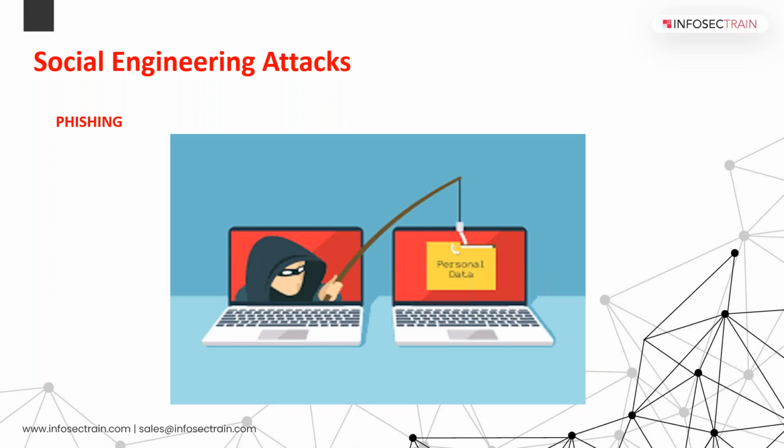If you click on that website and fill in all the details straight away, those details will get traced into that particular attacker's system. Okay, now that attacker is going to take advantage of that user's details and manipulate them. Okay, so that's what your phishing attack is here.